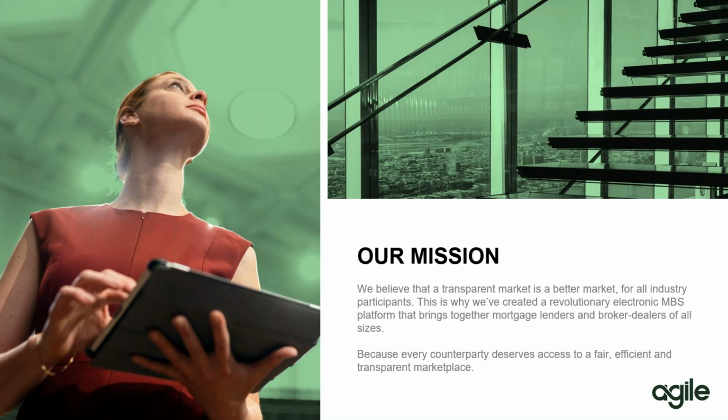Secondly, the second step in this multi-step mission is focused on digitizing the spec pool bidding process, which, like the TBA trading, is still a very analog process today. It involves the use of spreadsheets, emails, non-standard protocols, non-standardized data sets.